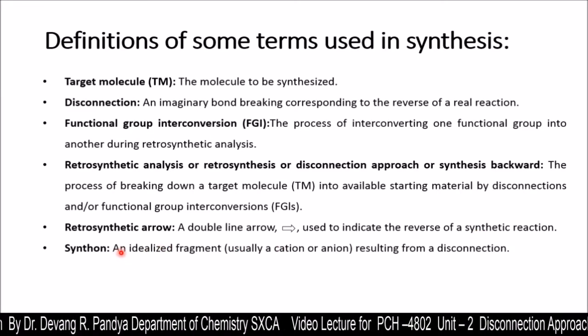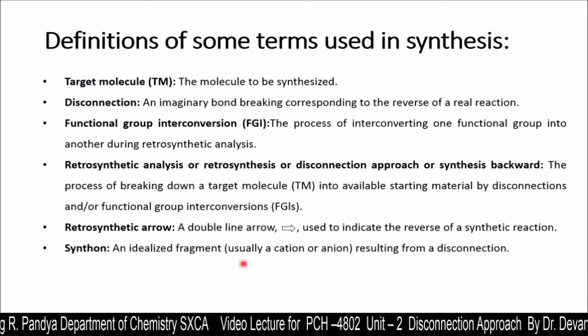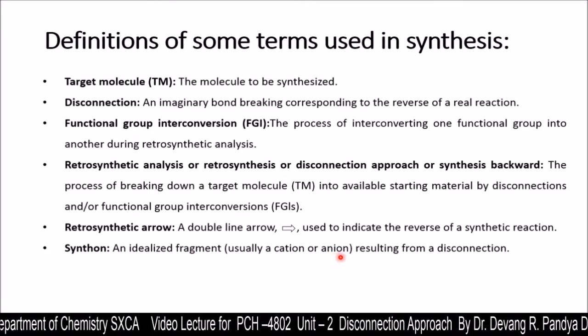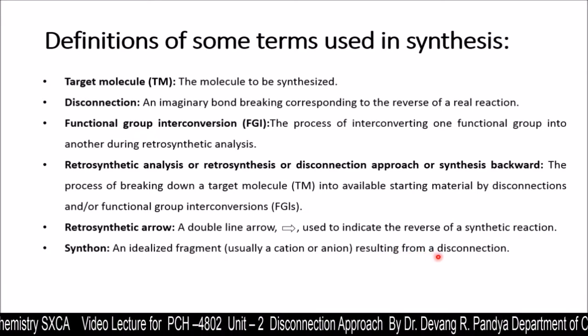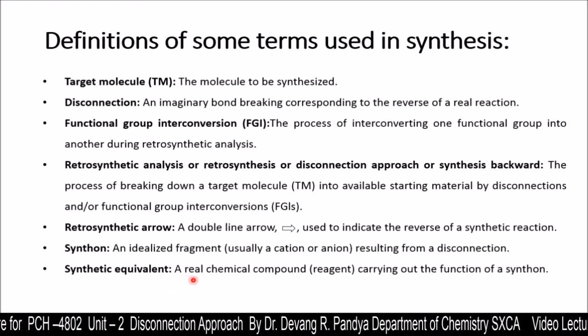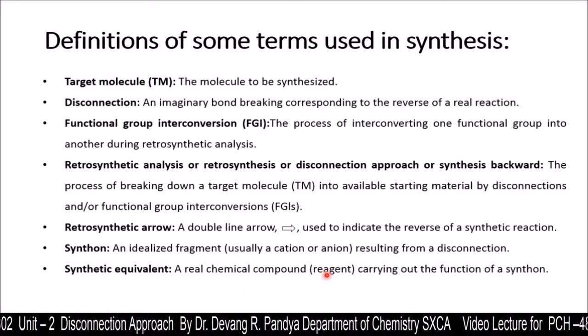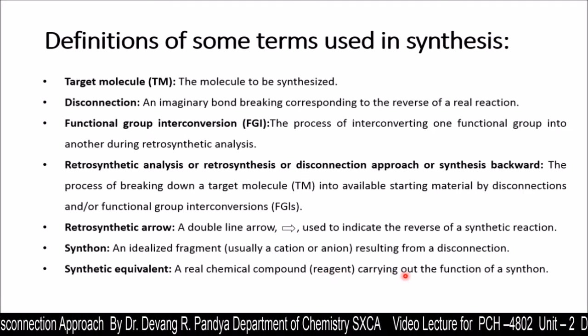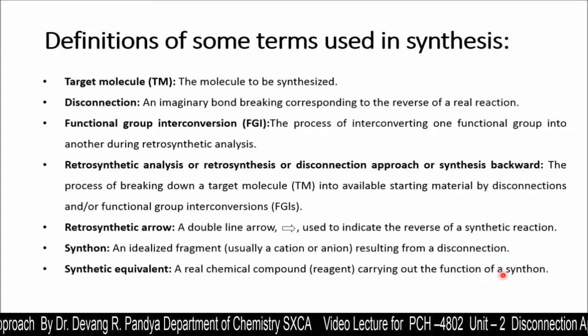Synthon can be defined as an idealized fragment, usually a cation or anion, resulting from a disconnection. Synthetic equivalent is a real chemical compound, or we can say a reagent, carrying out the function of a synthon.